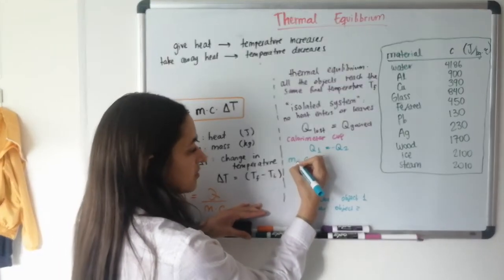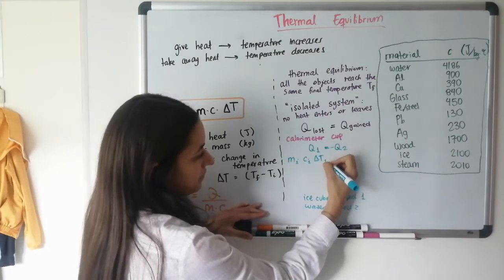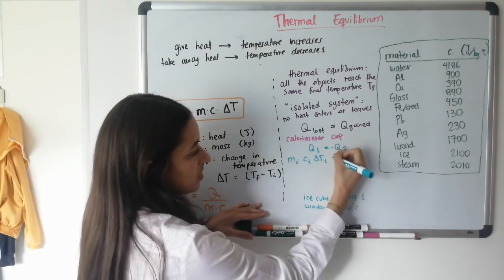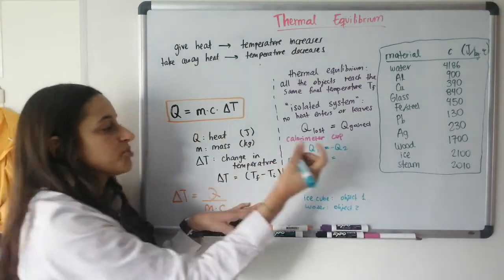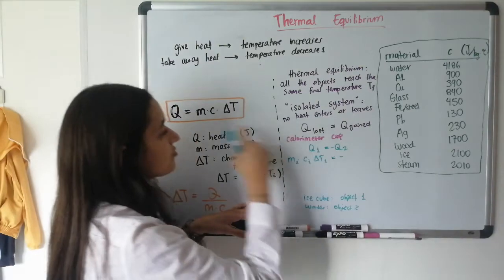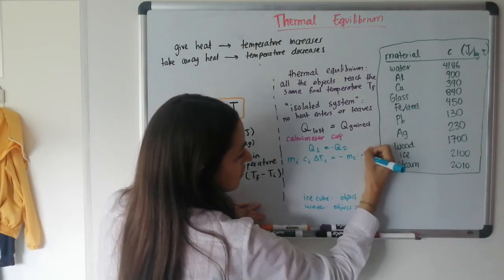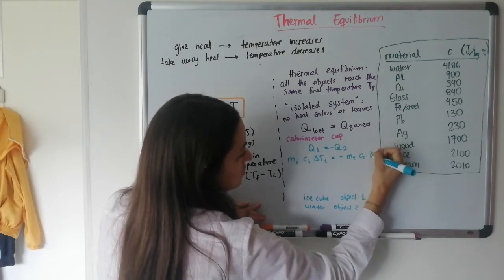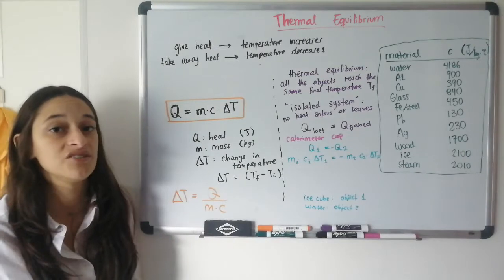In order to not get confused, we put M1, C1, delta T1. That's this side of the equation. On the other side, we also have heat, but of object 2. So we put the negative sign that we had, and we also put MC and delta T, but this time it's M2 times C2 times delta T2. And that's the equation that we need to solve.